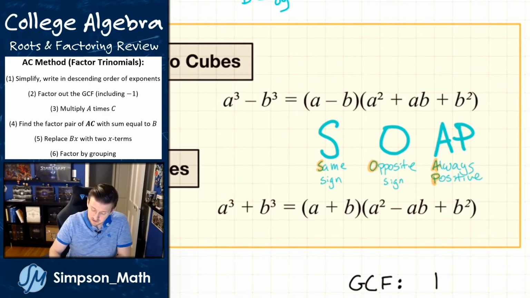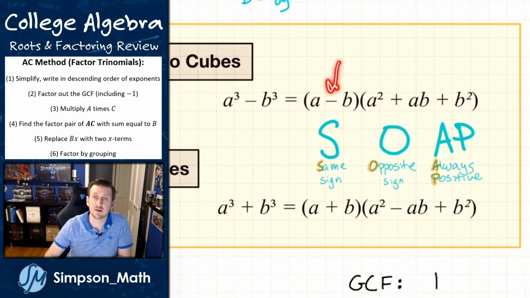Now what about the signs? So with those, let's talk about the difference first. We're going to use the mnemonic SOAP. S stands for same sign, O stands for opposite sign, and AP stands for always positive. Just a little mnemonic to help you remember. So this is a difference, and it's the same sign.